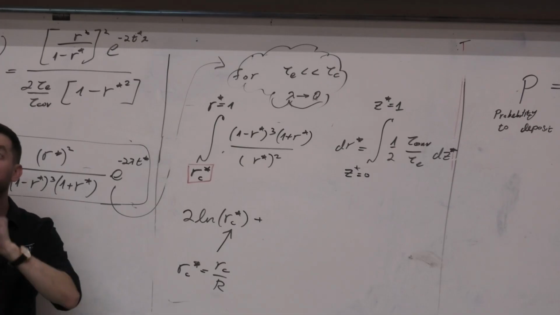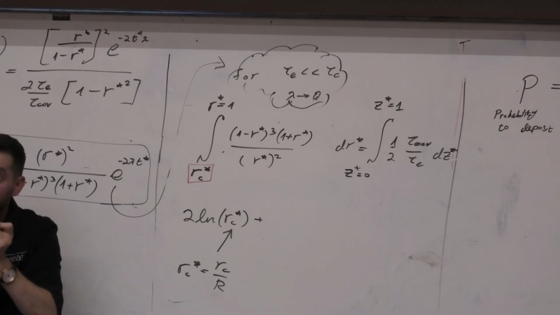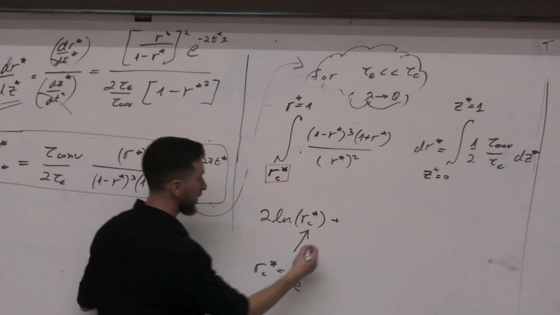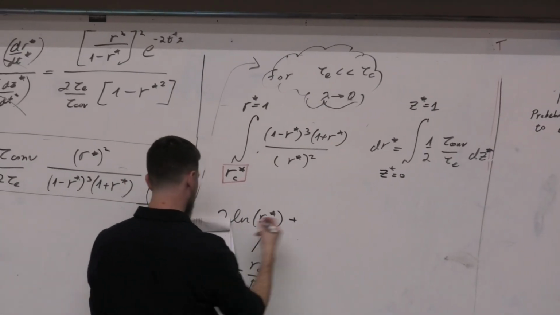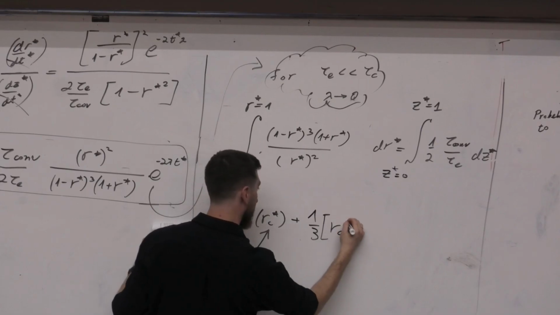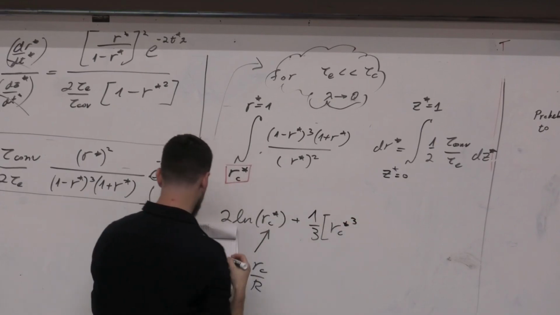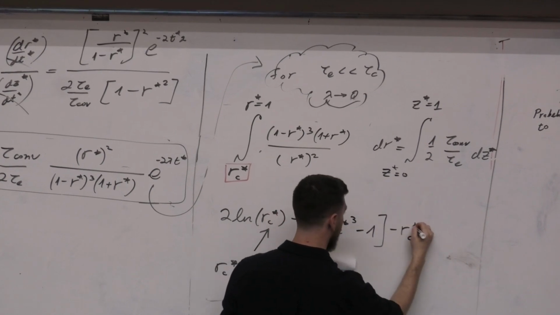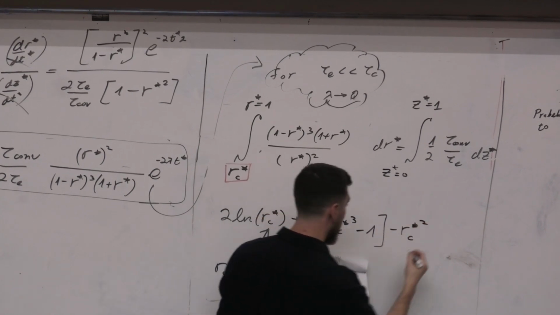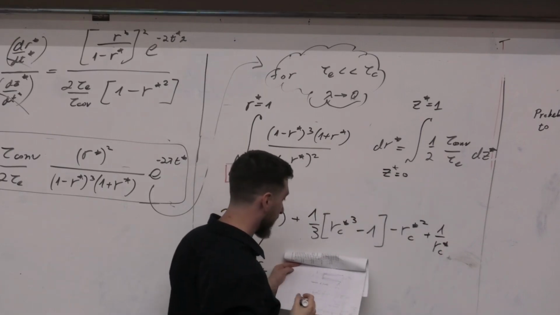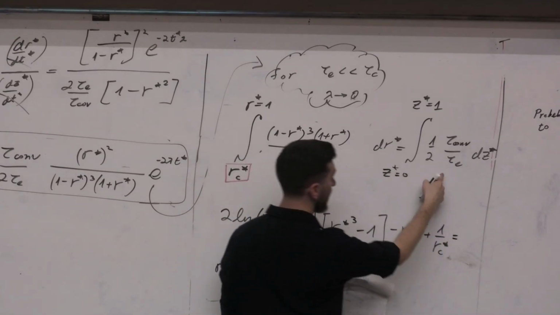It's from the word critical. There's a critical R that I'm too close to the tissue and I'm going to deposit for 100%. And a third, R critical to the third, minus 1, minus R critical squared, plus 1 over RC squared, not square, star, equal to that thing.